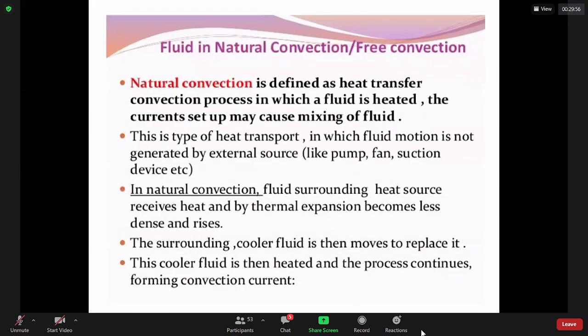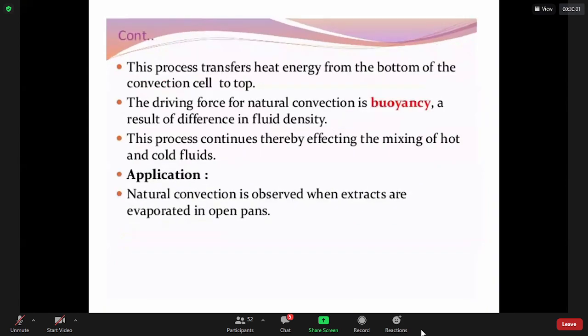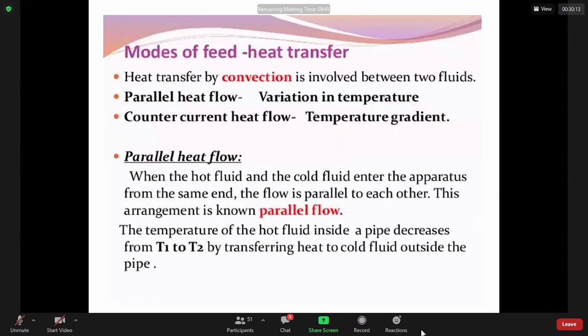Now, natural convection has been defined, and its application has been well defined in here, which you can read. And we actually apply forced convection when we are drying extracts in the lab.